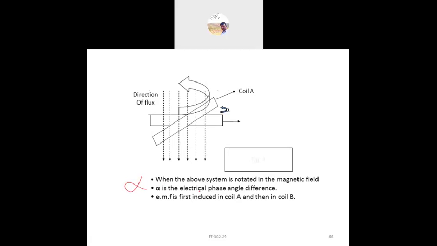EMF is induced in coil A and coil B. This is the phase difference. The equation for EMF induced in coil A is Va equal to Vm sin θ, with the reference equation for EMF difference Vm sin.